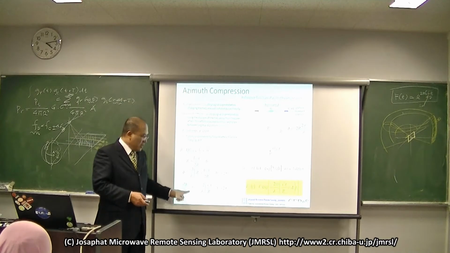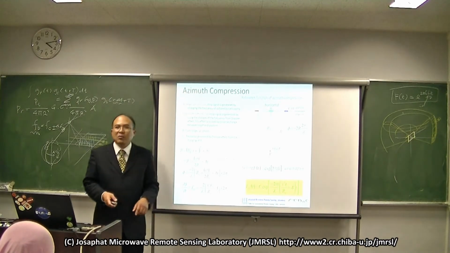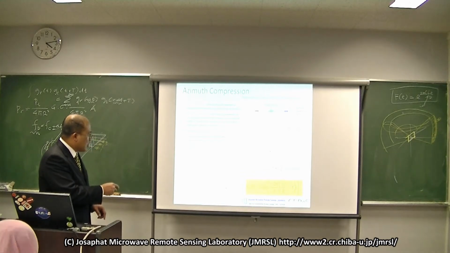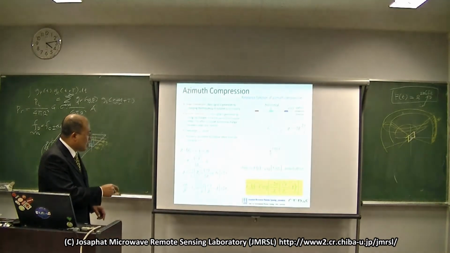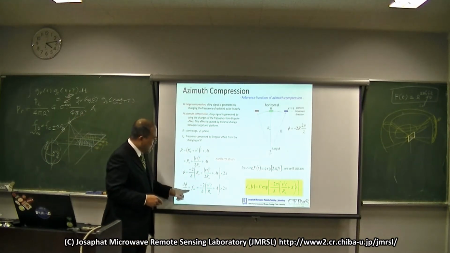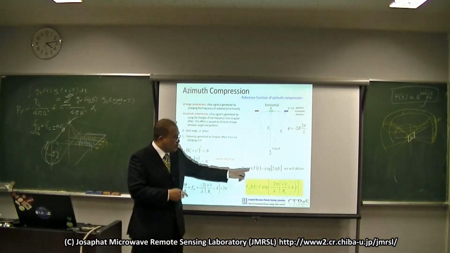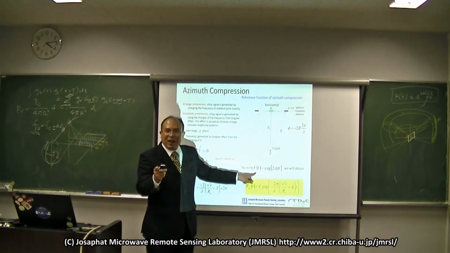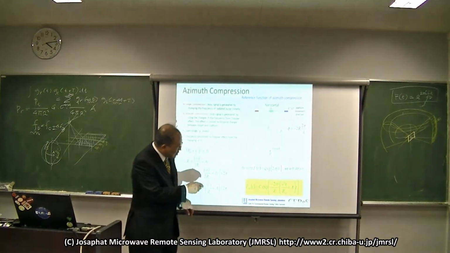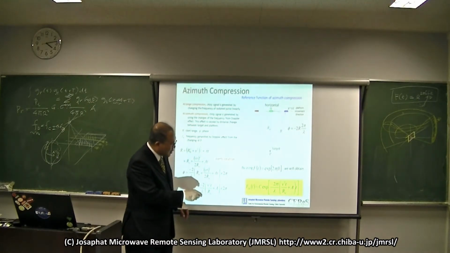This frequency is the azimuth frequency. Just derive this with respect to time and you can get this one. Then if you have the frequency, insert it here, as I explained to you about the wave propagation.